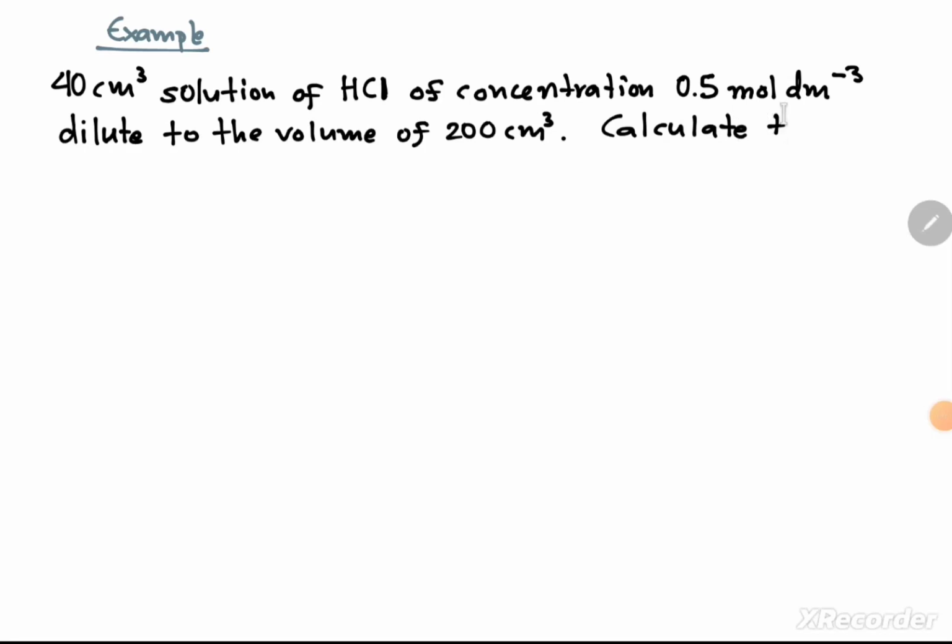Calculate the concentration of the final solution."